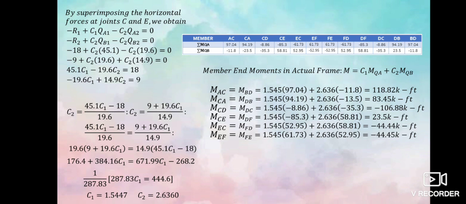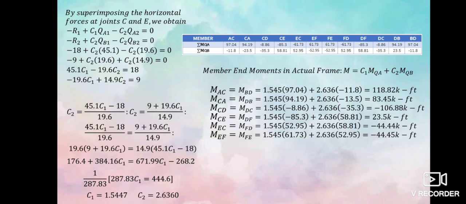Now we have the values of C1 and C2 as 1 over 287.83 multiplied by 444.6 for C1 and 758.7 for C2, giving 1.5447 for C1 and 2.6360 for C2. Now, look at the upper right part.